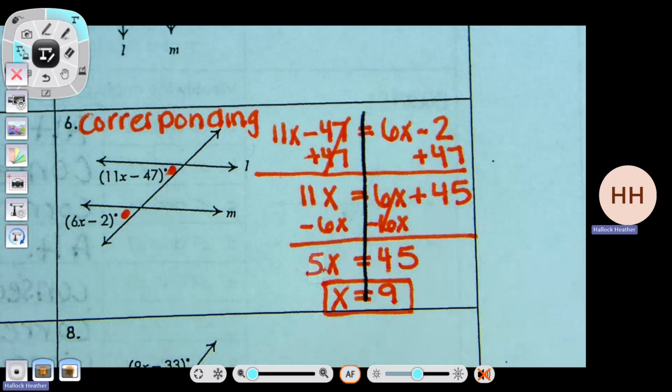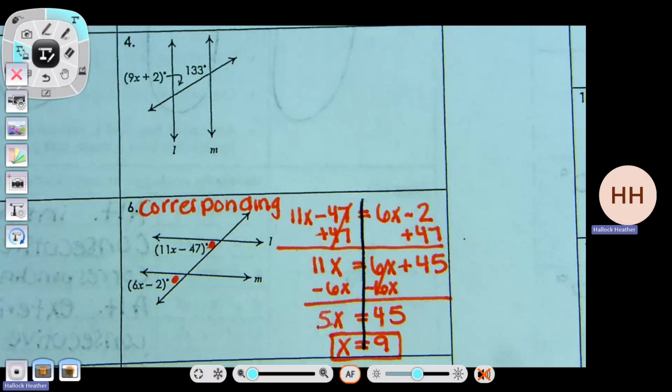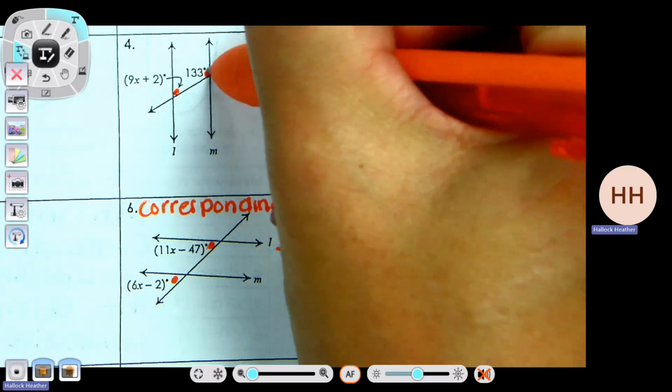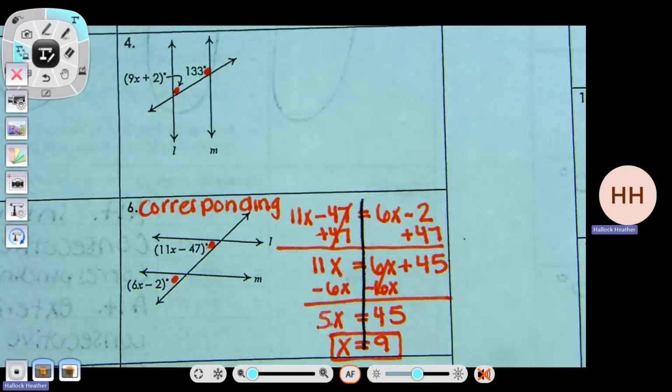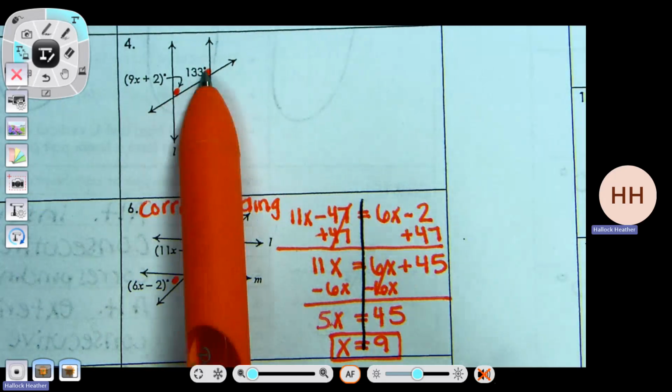Let's do number 4 because it's right here. So take a second. You need to figure out the vocabulary word that represents where your arrow is pointing, right here and here. Take a second, think about the vocabulary that would go with that. They're not linear.